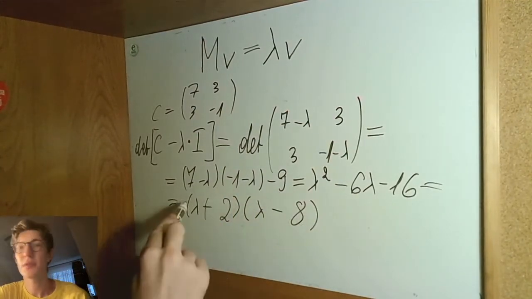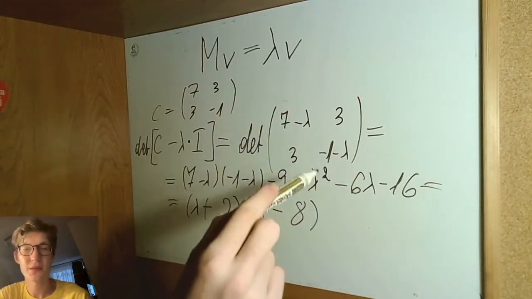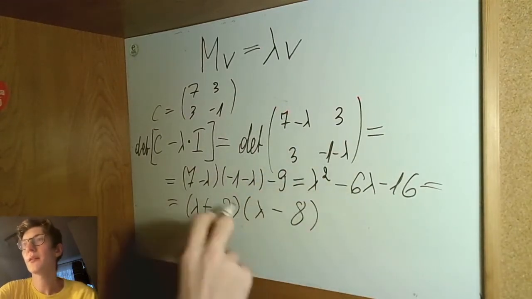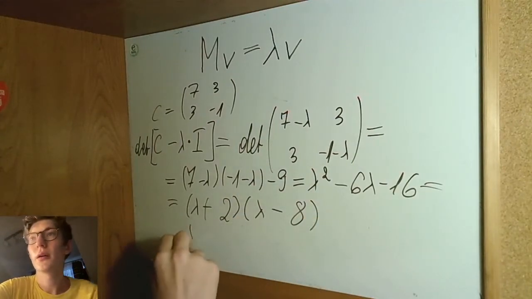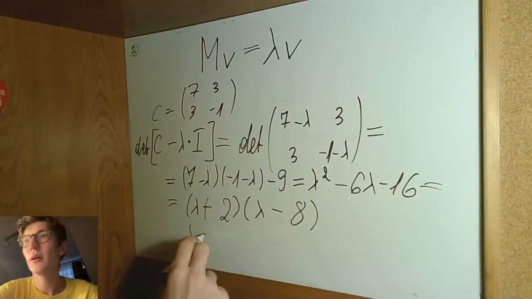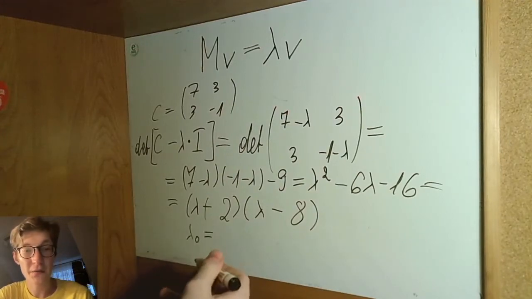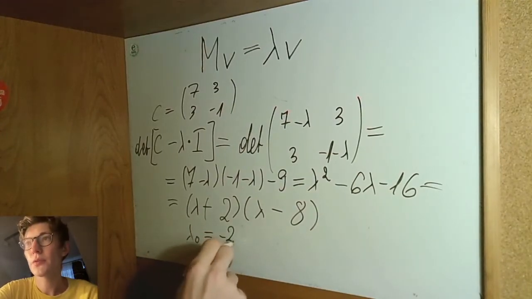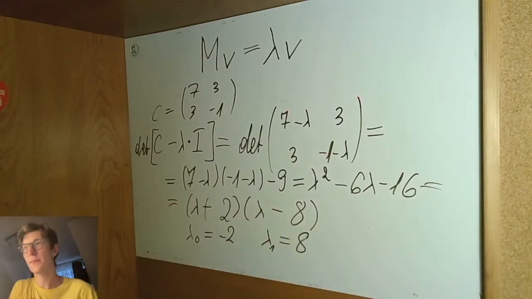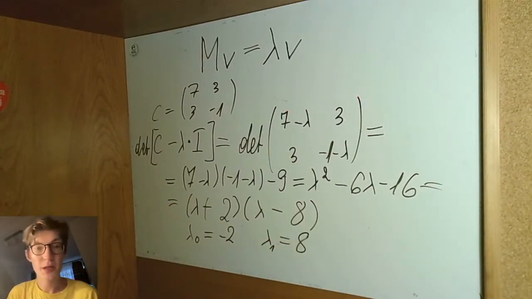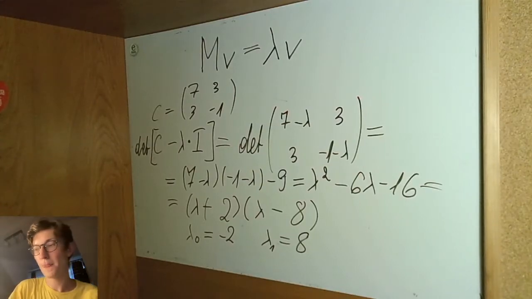Okay, minus 8 lambda plus 2 lambda gives us minus 6 lambda, and lambda times lambda gives us lambda squared, of course. So lambda 0, which is the first eigenvalue, is minus 2, and lambda 1 is 8. Okay, so we found the eigenvalues of this matrix.